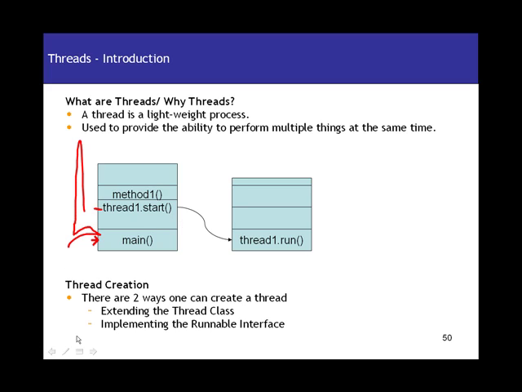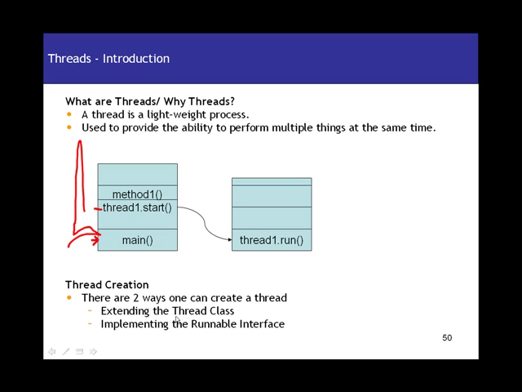So I just told you that thread is nothing but a class, right? And it is a special class which has got some special features. So how do you put in those special features? What do you need to do to make your class a special class and treat it as a thread? So there are two ways you can create a thread. You write your class and extend the thread class.